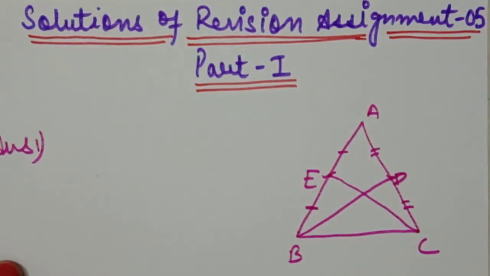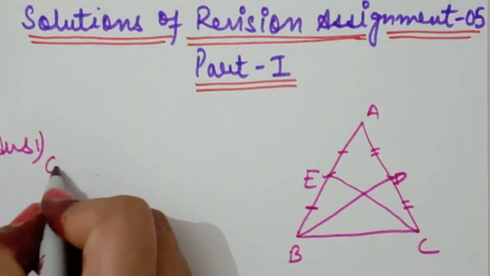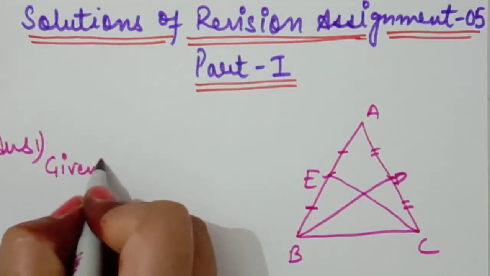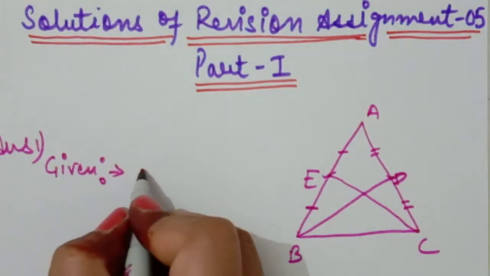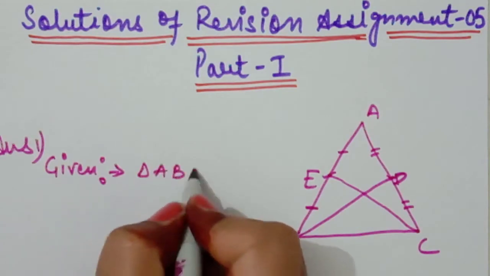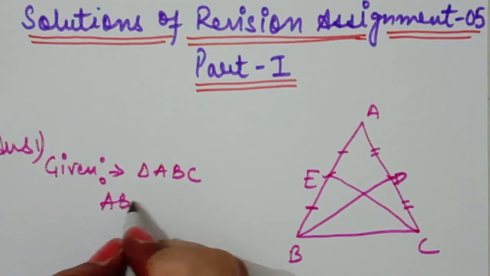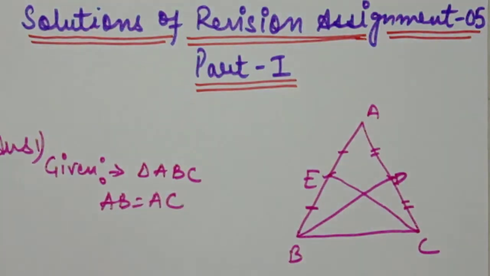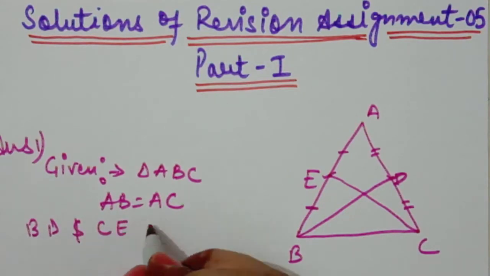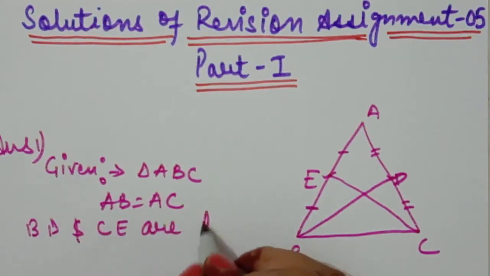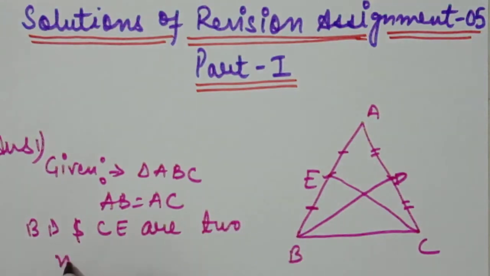So we have to prove that BD and CE are equal to each other. First of all, we will start our question with given. What is given? Triangle ABC. Because it is an isosceles triangle, it is already given that AB is equal to AC, and BD and CE are two medians.